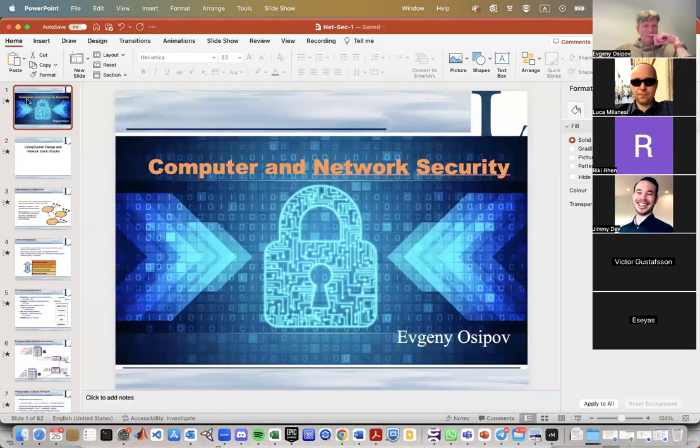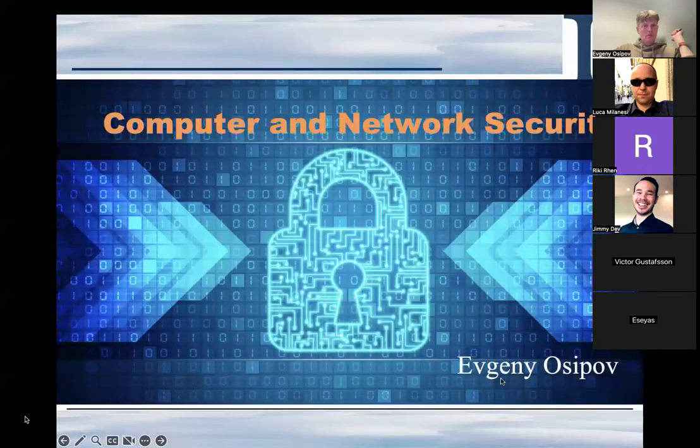Yes, so now switching to the topic of today. We will be talking about network functionality and network security, along with some mechanisms for protecting or mitigating attacks, mitigating risks.